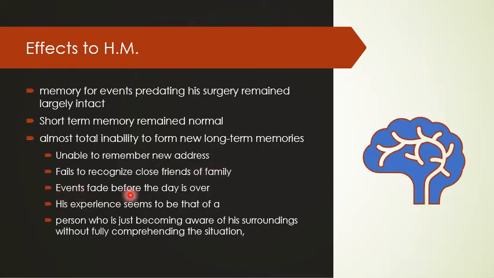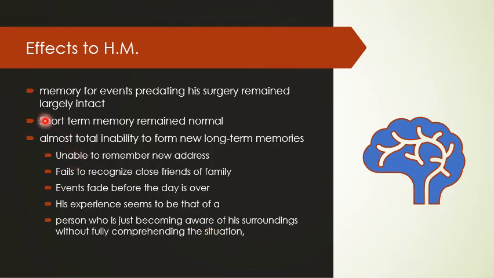And events fade before the day is over. His experience seems to be that of a person who is just becoming aware of his surroundings without fully comprehending the situation. So what he could remember are the past events before his surgery, and unfortunately he can no longer form new memories.